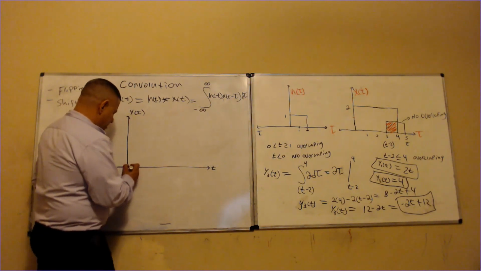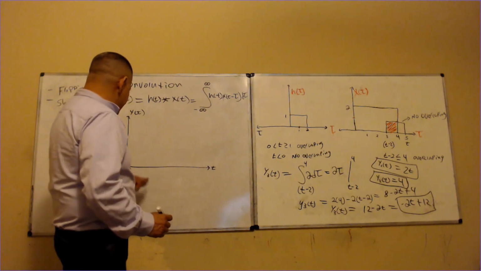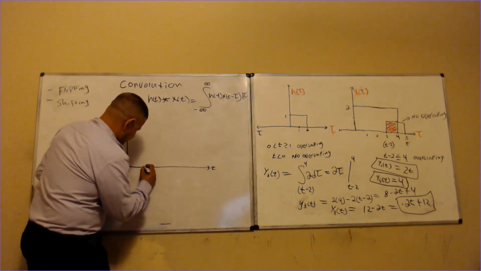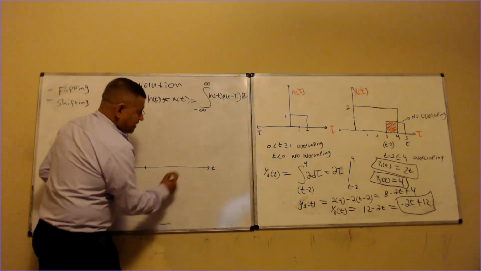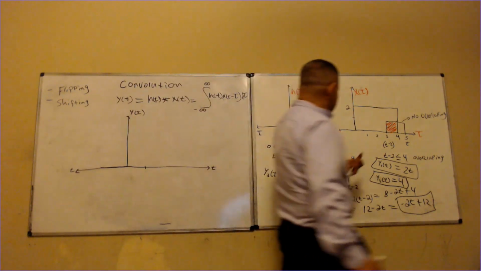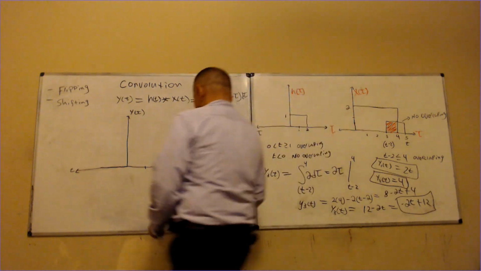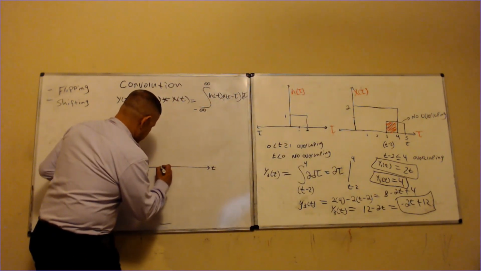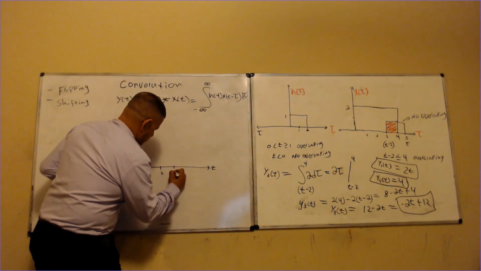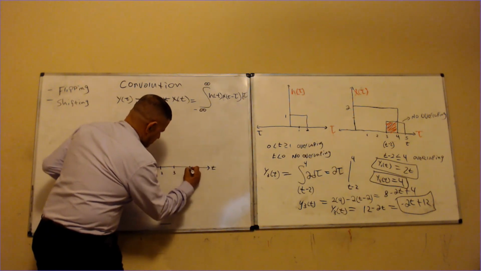So right here, so we say that at t is equal to 1, right? And I think the next one was at t equal to 3. So 1, and then 2, 3, 4.